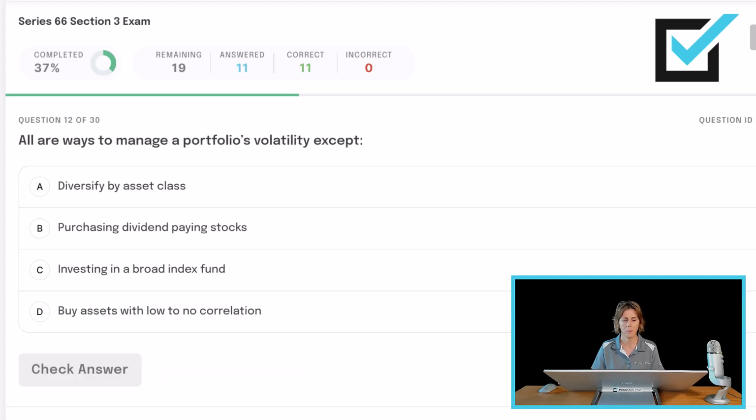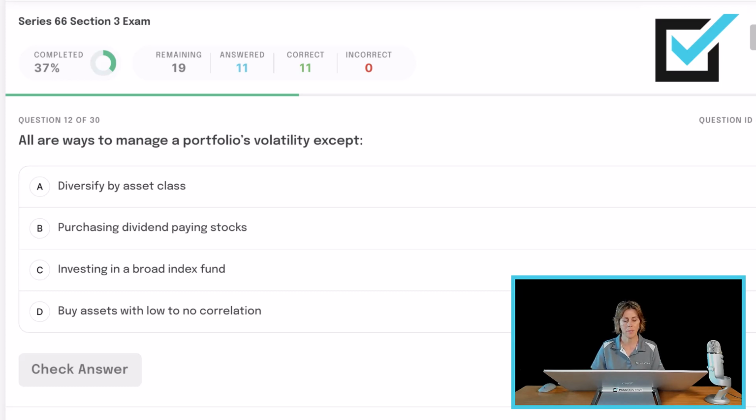All are ways to manage a portfolio's volatility except, so what is not a way to manage a portfolio's volatility? Diversify by asset class, purchase dividend-paying stocks, investing in a broad index fund, or buying assets with low to no correlation. So which one does not help to manage a portfolio's volatility?